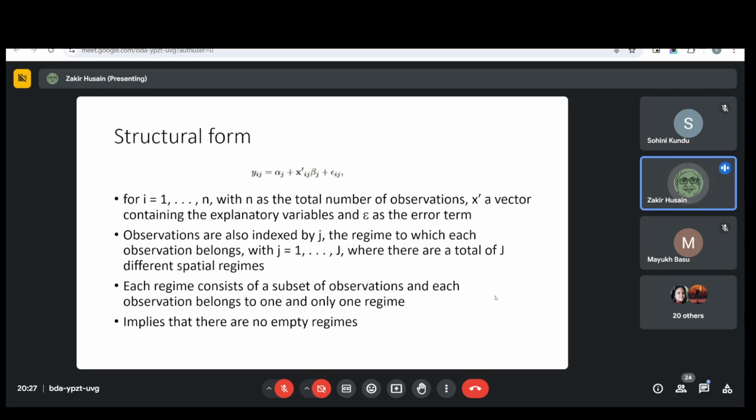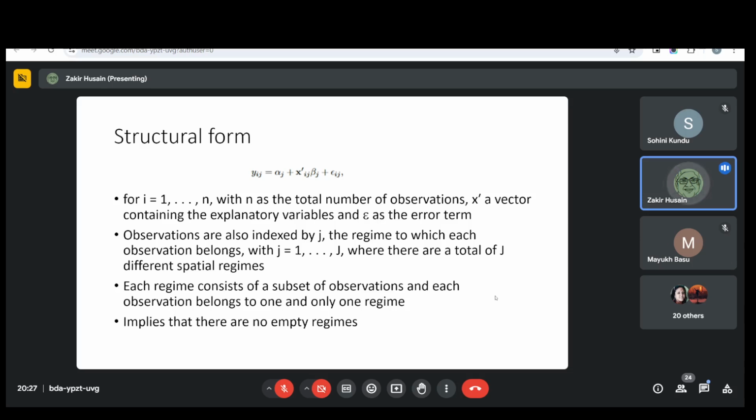So we have the intercept, the same number of intercepts as number of regimes. X beta. Again, you can see beta is a vector. But how many vectors? It depends on the number of regimes. So basically, for every regime or for every cluster, we have a separate regression model.